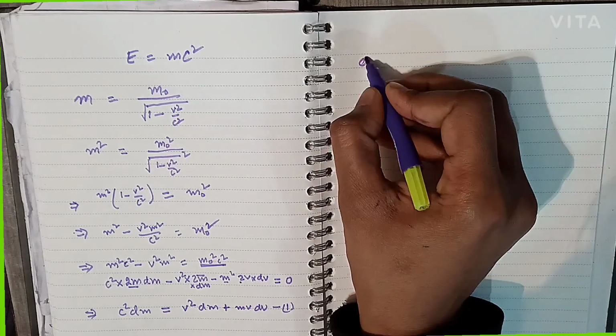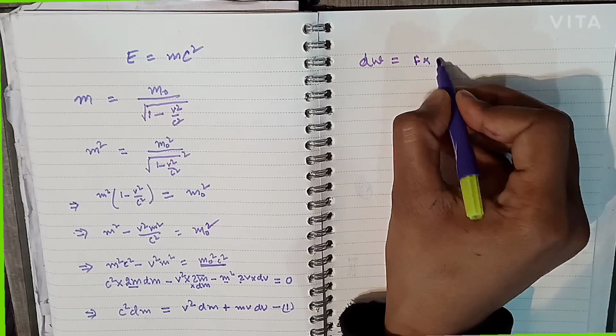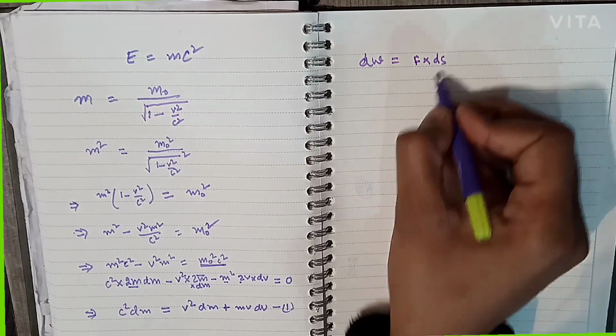Again, we have the work done, dw is equal to F ds, differentiated here.